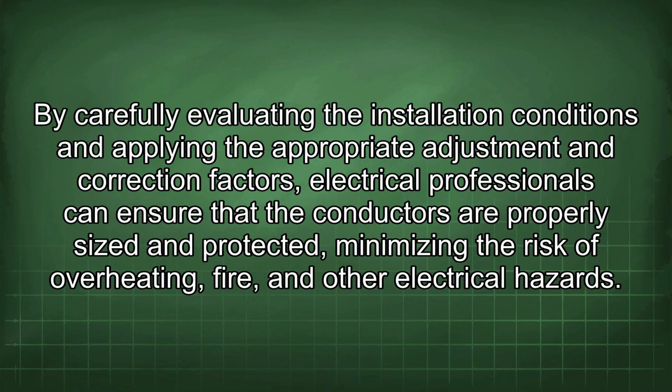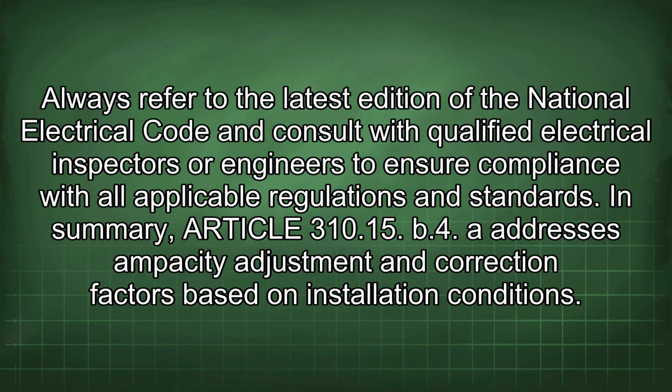By carefully evaluating the installation conditions and applying the appropriate adjustment and correction factors, electrical professionals can ensure that the conductors are properly sized and protected, minimizing the risk of overheating, fire, and other electrical hazards. Always refer to the latest edition of the National Electrical Code and consult with qualified electrical inspectors or engineers to ensure compliance with all applicable regulations and standards.